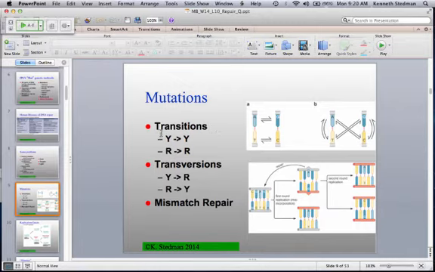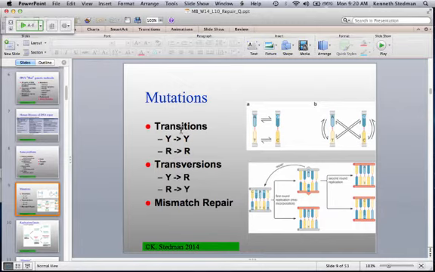So there are really two kinds of mutations that happen. This is now a mutation which is being transmitted potentially on replication. You either have the easy mutations or the hard mutations. Transitions are going from purine to purine or pyrimidine to pyrimidine, so small to small or big to big.